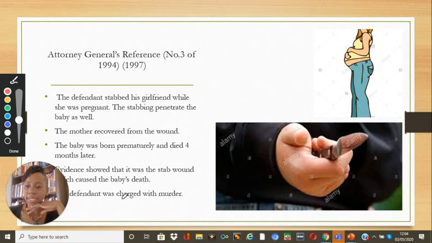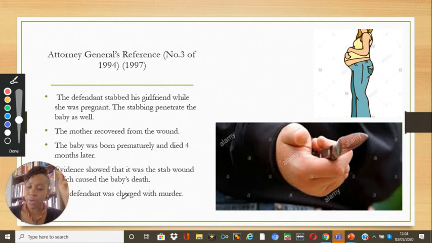What do we think the court said about the defendant? Do you think it was decided that the defendant was guilty of murder? Remember the definition of murder. We're looking for the unlawful killing of a living, breathing human being, and the mens rea is malice aforethought.